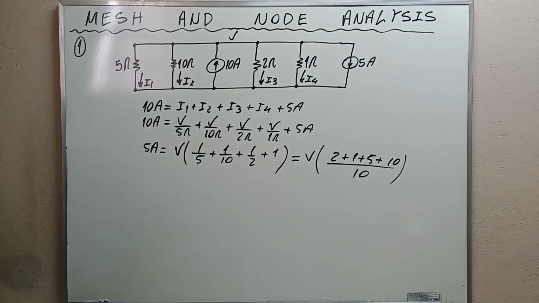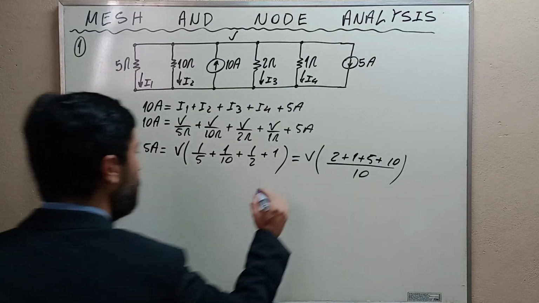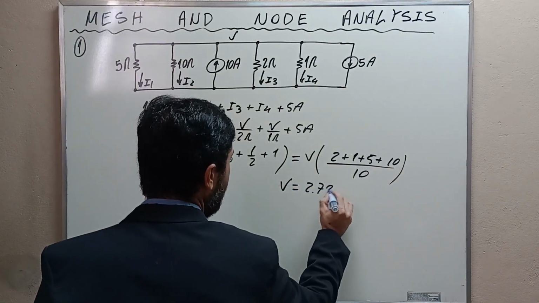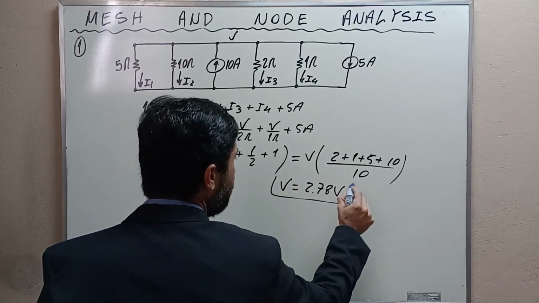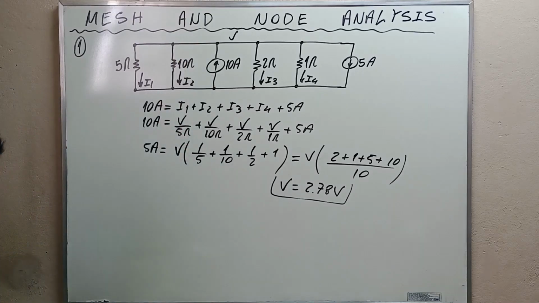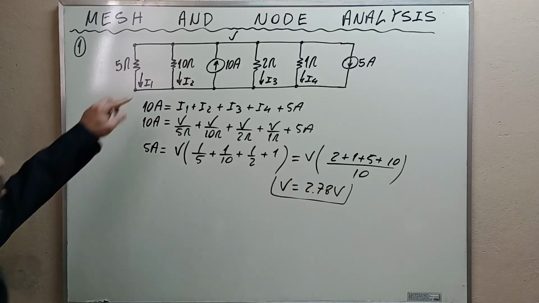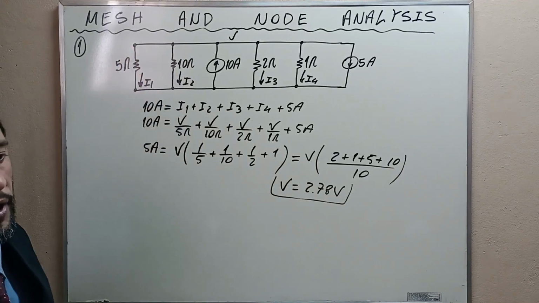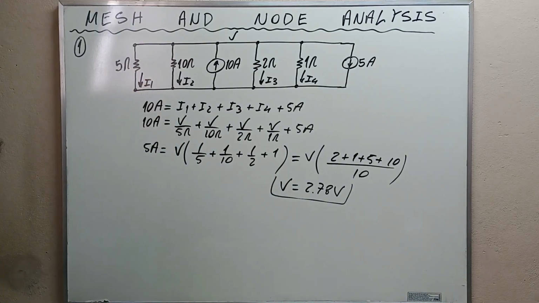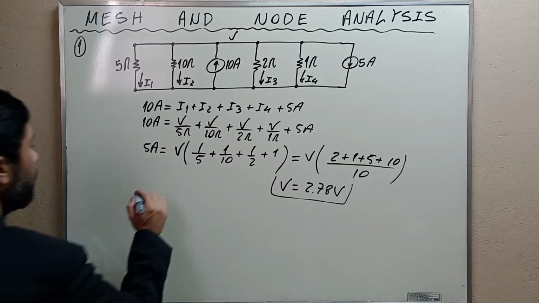Okay, my friends? If we continue solving, we find that V is equal to 2.78 volts. This is the value of the voltage at the upper node. But the exercise wanted us also to calculate the value of the current that passes through this 10 ohms resistor. Subsequently, we calculate the value of the current.